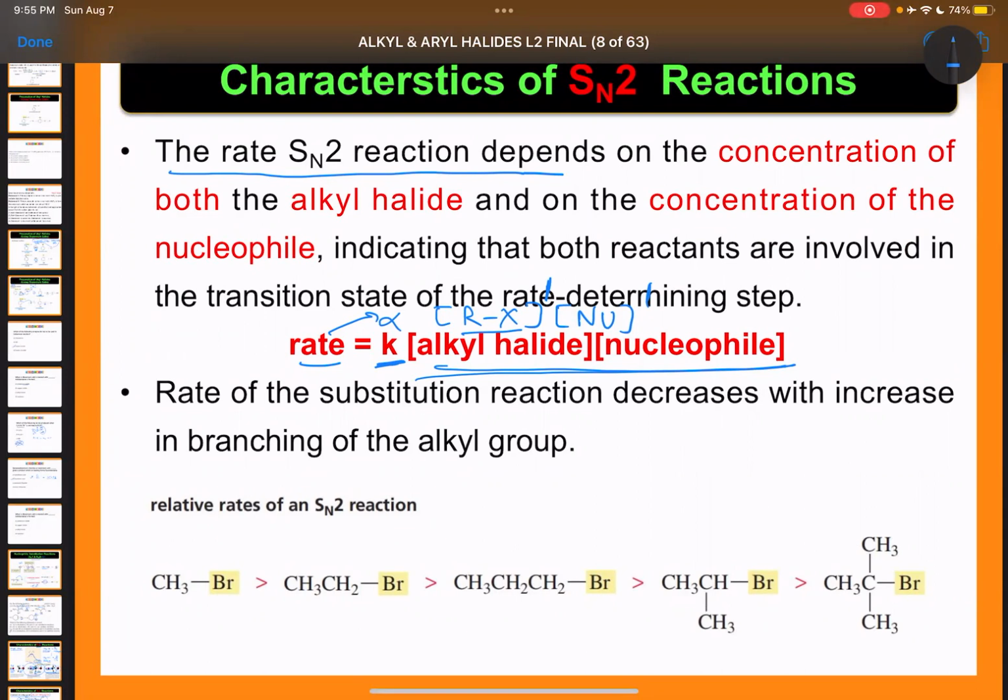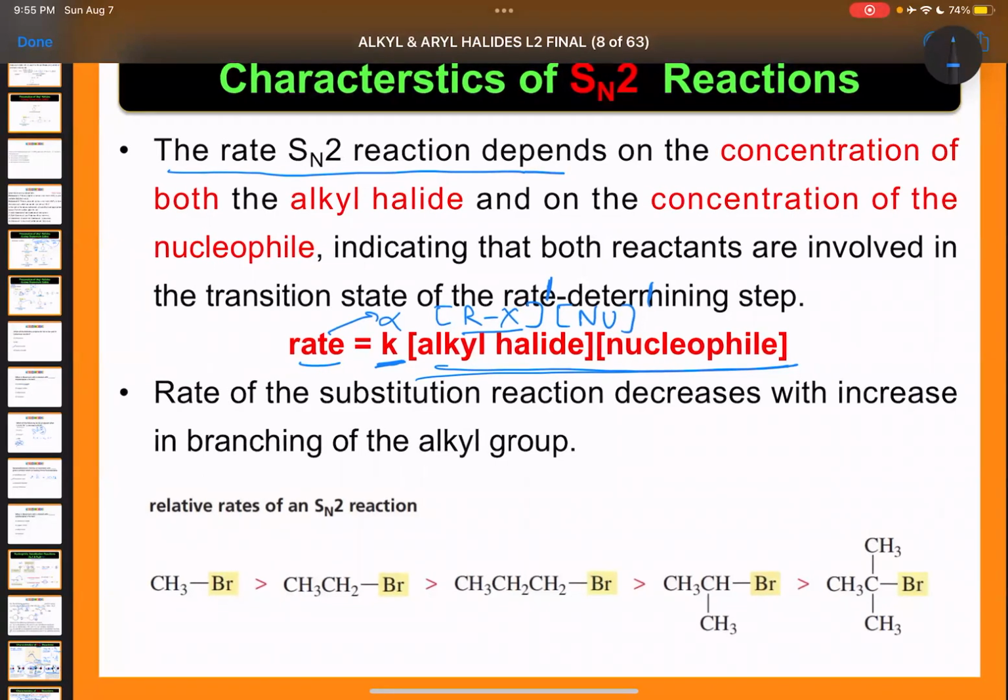Is it clear? Yes, sir. If you have fewer and fewer substrate molecules, the chances of collision between the substrate and the nucleophile are decreasing. So if you double the concentration of the substrate, the rate will double, because you are increasing the chances of collision.